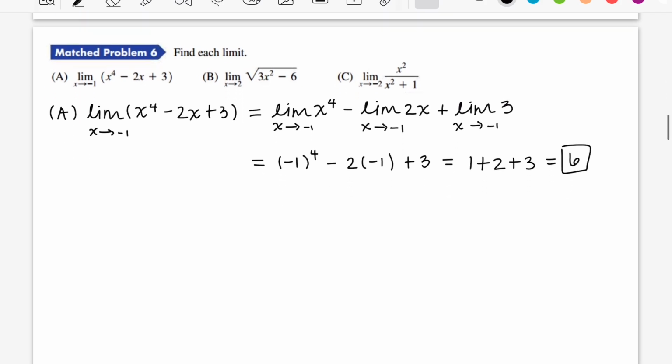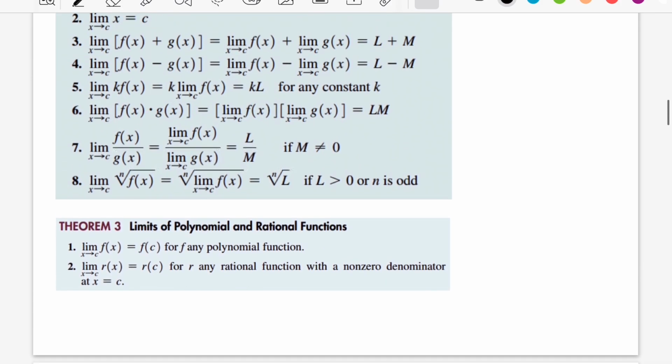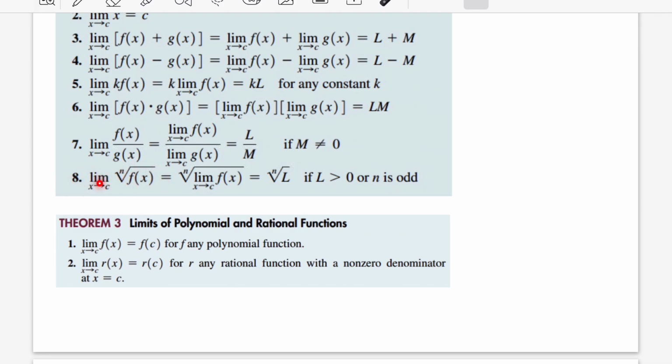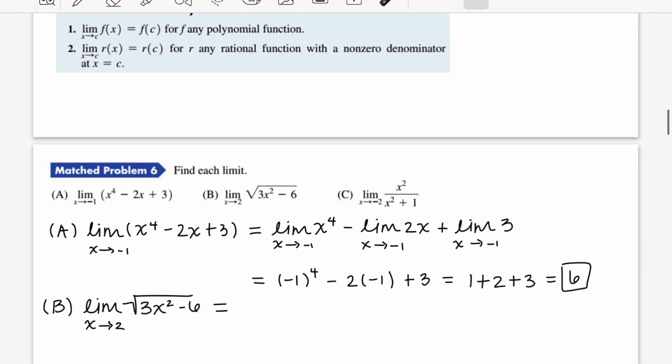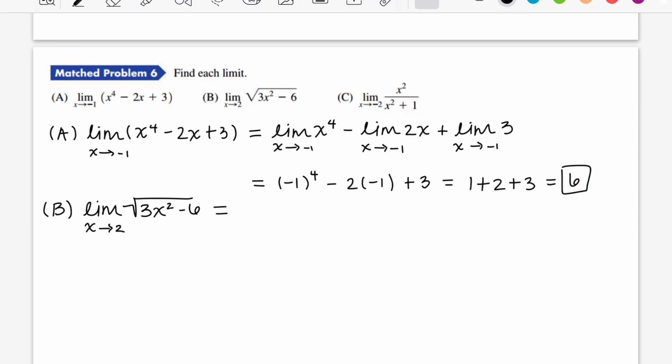All right, looking at this next example, B, we have a square root function. And what we'll do first is rewrite this using two different properties, the first being property 8 here. So if we're going to take the limit of a root function, then we can just take the root of the limit. So that can be rewritten as that there.